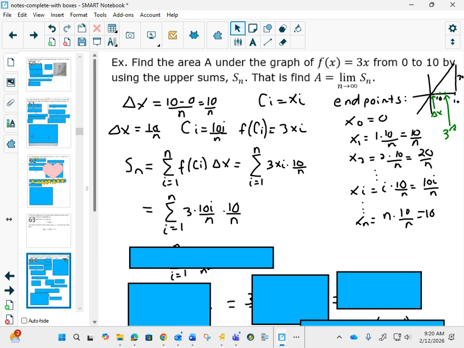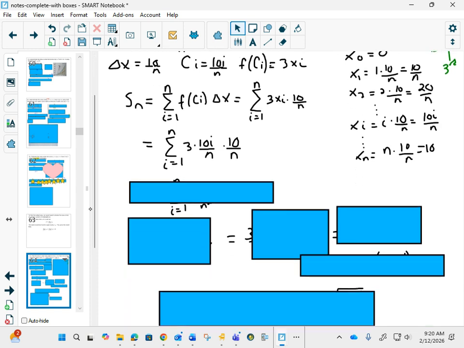And then since the xi is equal to the ci, I could write the xi instead as 10i over n as well. Simplifying this gives me 300i over n squared.